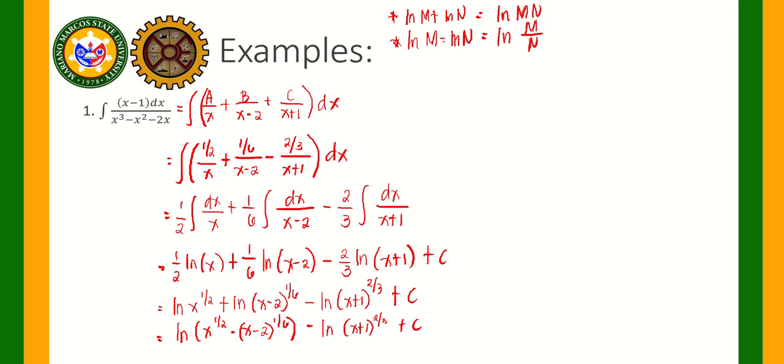Now, since may minus tayo, ganito yung gawin natin. So, tuloy natin dito sa kabila. This is equal to ln of, yung m natin is this one.